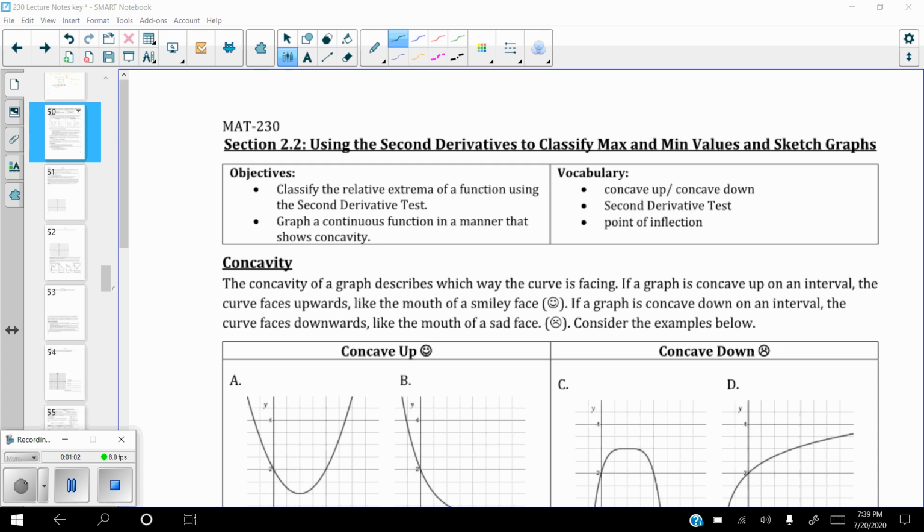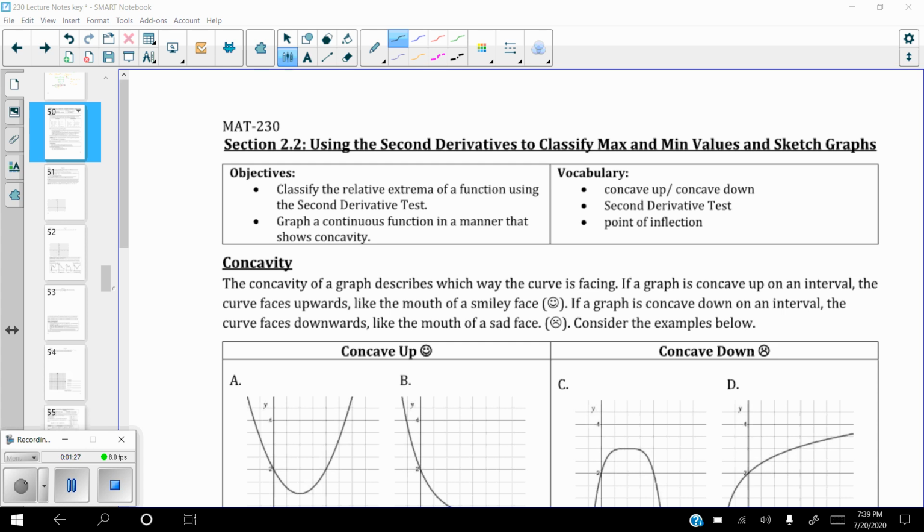Let's talk about concavity first. The concavity of a graph describes the way the curve is facing. That's more of just a way for you to look at the graph, because that's not an official mathematical definition. We will get to that. If the graph is concave up on an interval, then the curve faces up. Basically it looks like it's opening up or curving upwards.